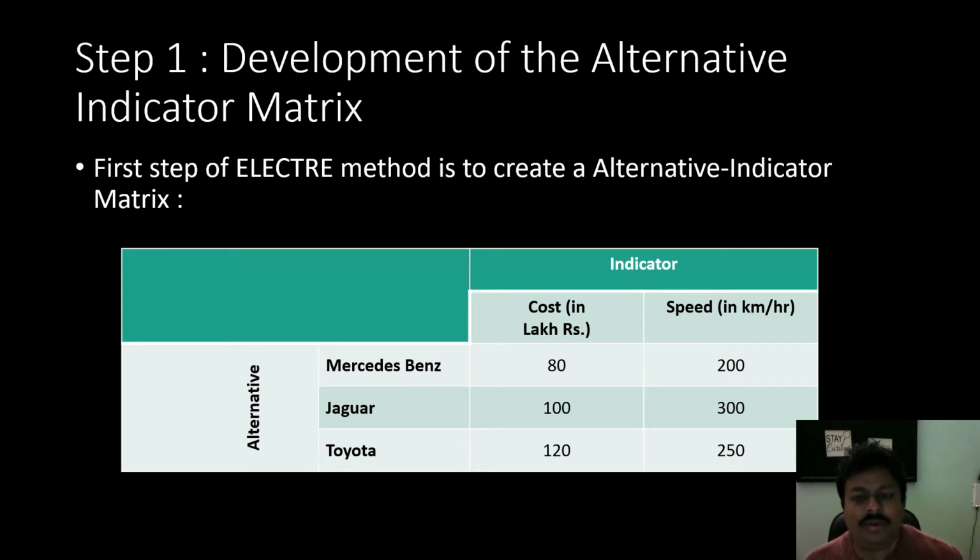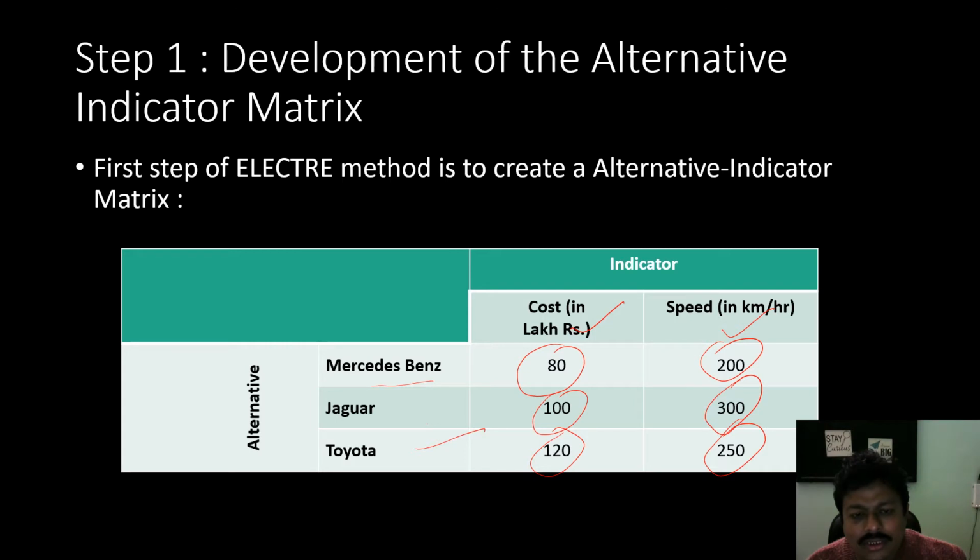The first step of the ELECTRE method is that we must develop the alternative indicator matrix. Here the alternative indicator matrix means these are the alternatives, these are the criteria, and these are their values. These are all arbitrary example values, just to show how the method works.